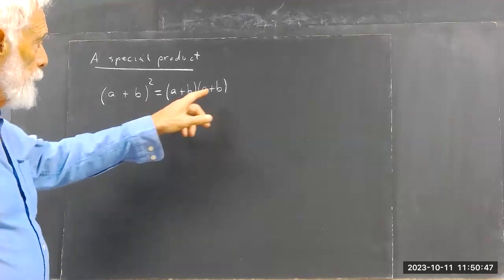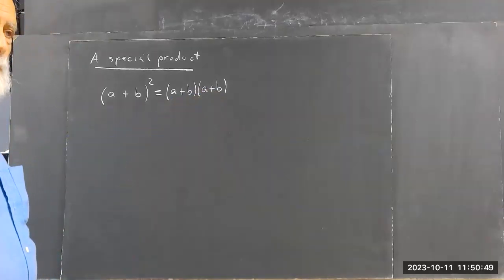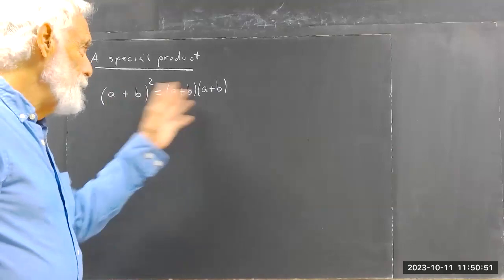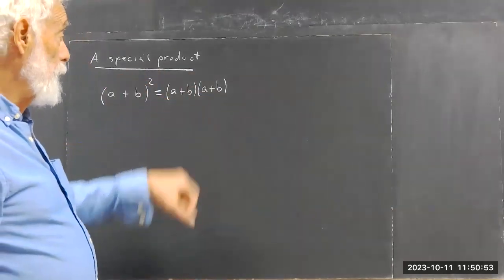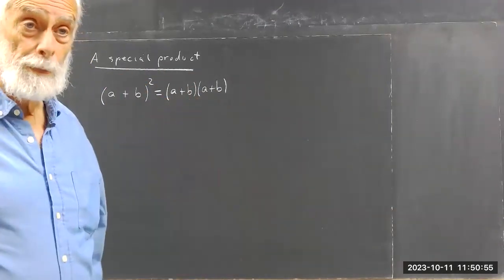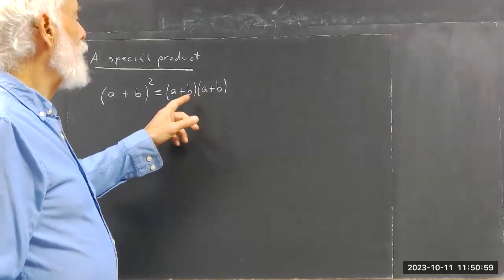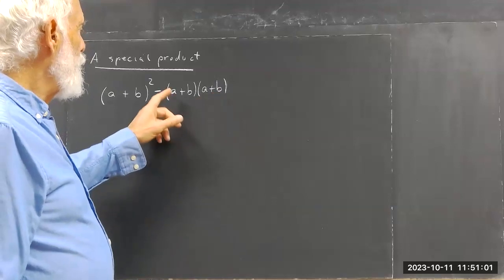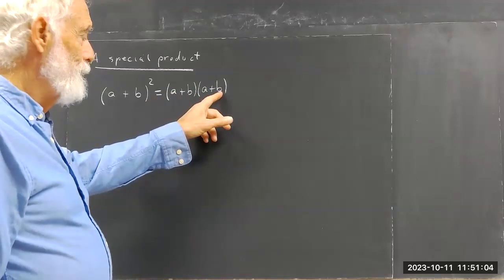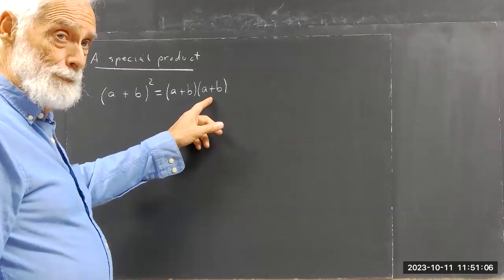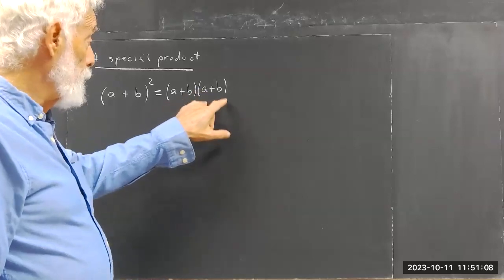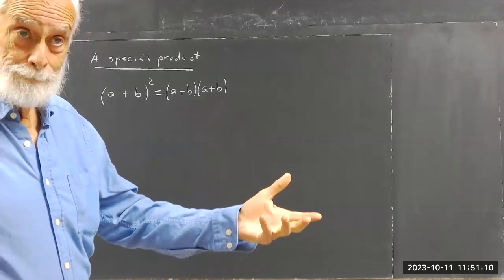If you write out a plus b times a plus b, well, you might still be tempted. I mean, it kind of looks right to just multiply a times a and then multiply b times b. But why would you multiply a times a and b times b, but not a times b or b times a? If you're going to multiply things over here by things over here, you better multiply them all.